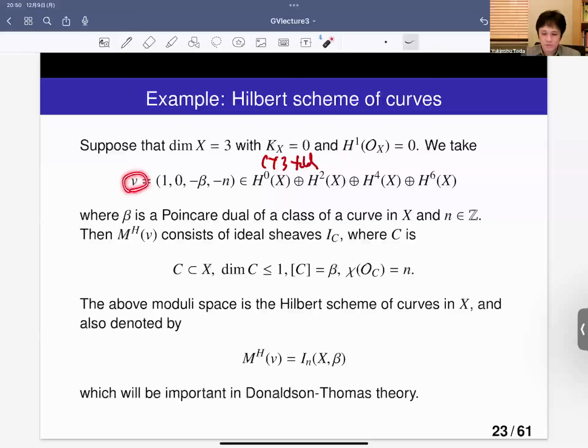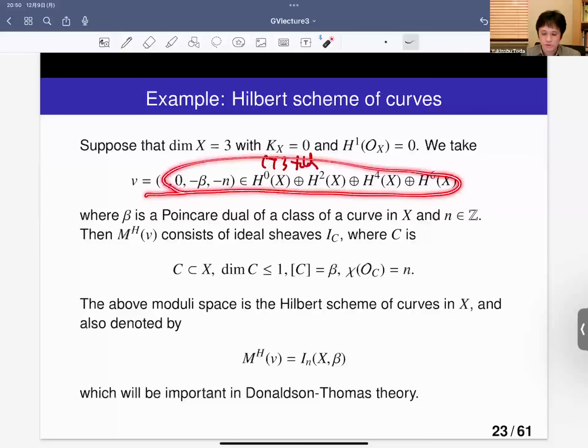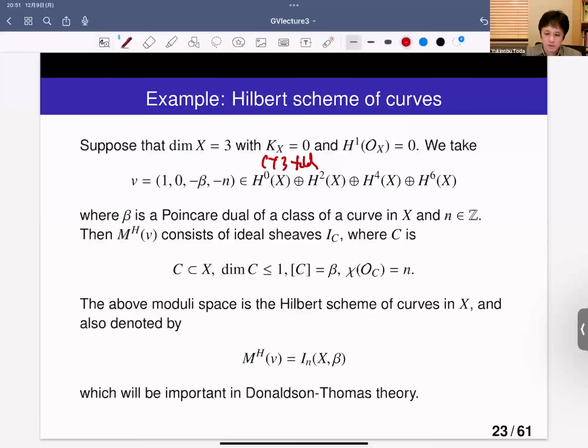Then let's take v to be of this cohomology class, where beta is the Poincare dual of a curve class. A priori beta is an element of H_2(X), but by Poincare duality, I regard it as an element in H^4. Similarly, H^6(X) is one-dimensional, so I identify n as a class in H^6(X).